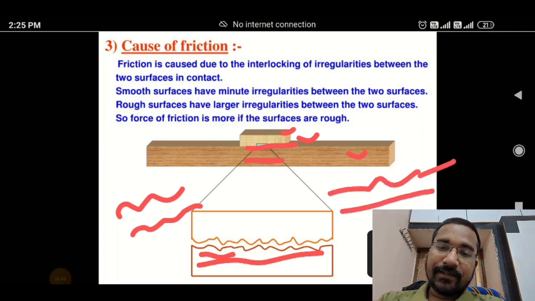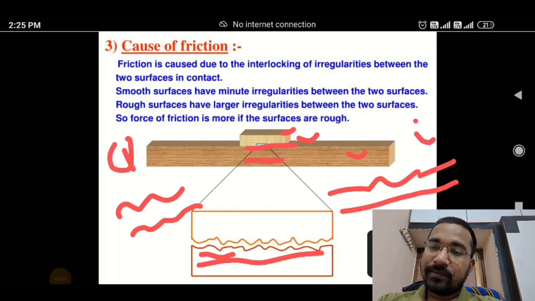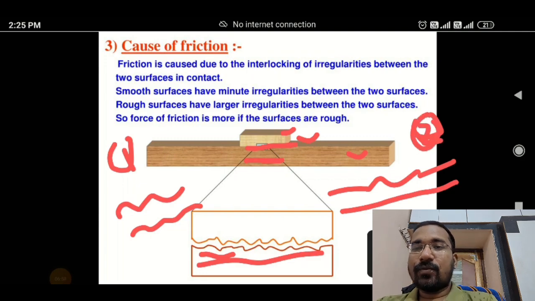Like this, and this is more interlocking, but here. Which surface will go, where is the friction, first one or two? So give me the answer.